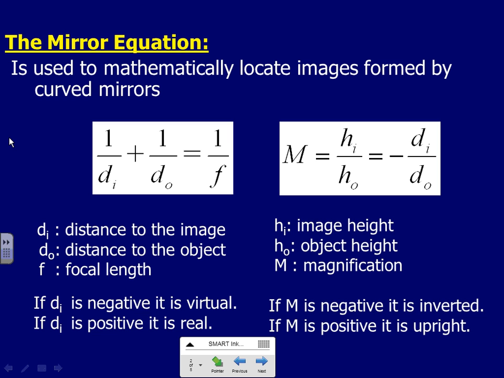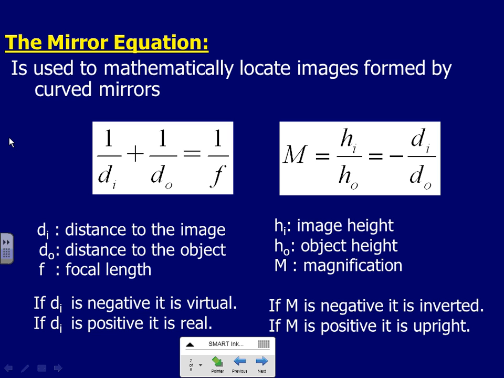So if I have a really big image and it's bigger than the object, then the magnification is greater than 1. If I have a magnification of 2, the image is twice as big as the object. It's made it bigger. If the image is smaller than the object, then I'll have a bigger number on the bottom and a smaller number on the top, and I'll have a fractional value, like 0.5.